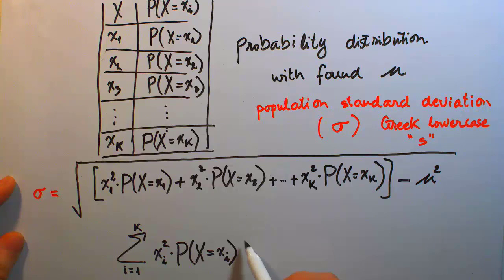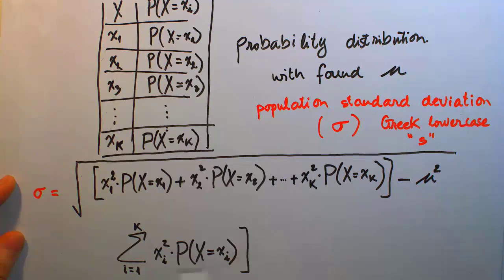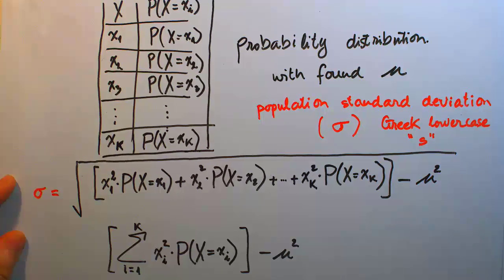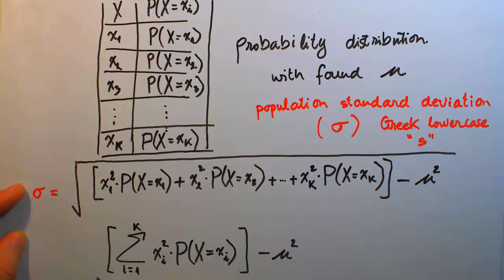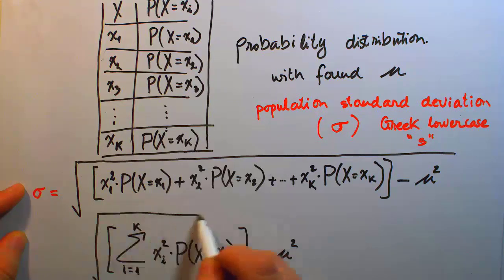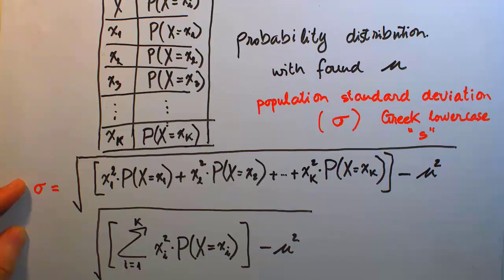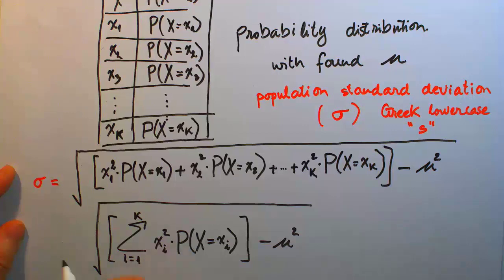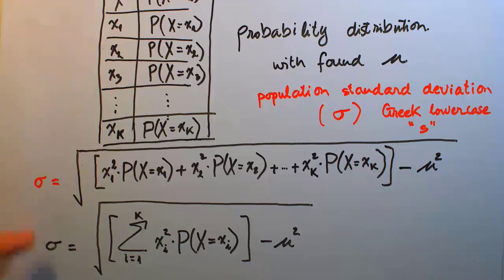After the summation we are going to subtract the population mean squared, and we put that calculation in a square root. So that is a different way of writing this population standard deviation formula, but they are truly one.